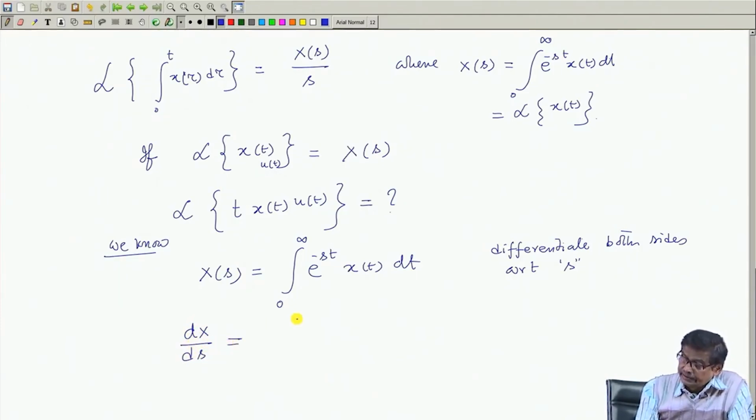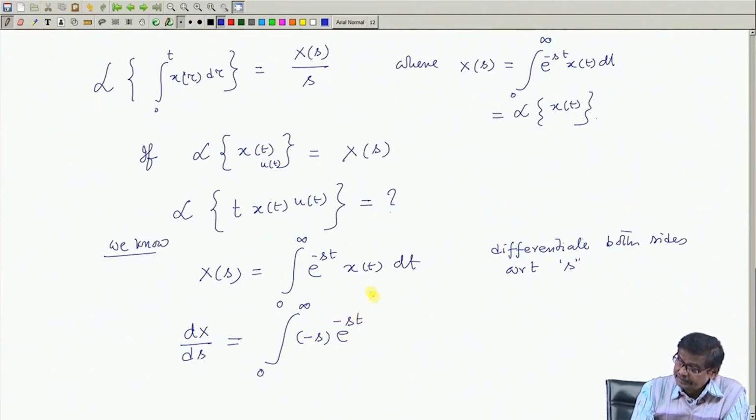On the right hand side, integration means summation of small numbers, infinite whatever number. Those terms have only e to the power minus s t as a function of s, so differentiation of this term only. X(t) will be treated as constant, since you are differentiating with respect to s.